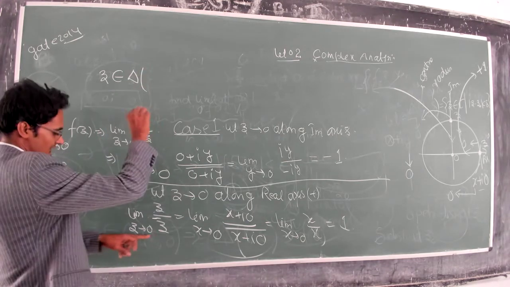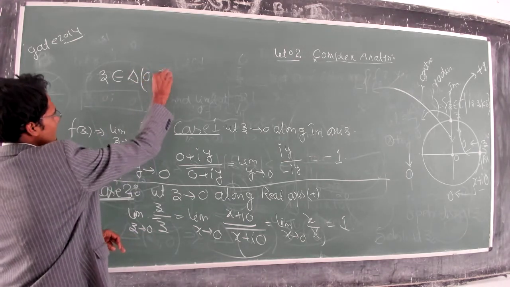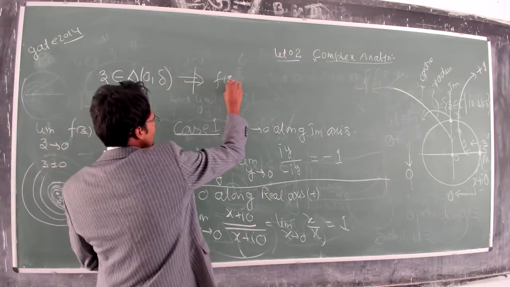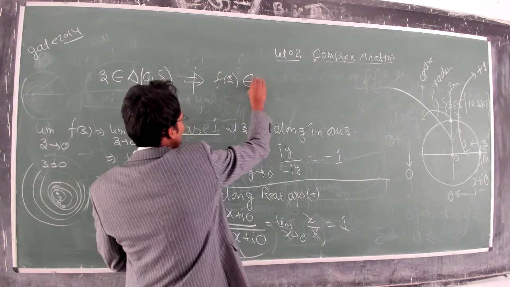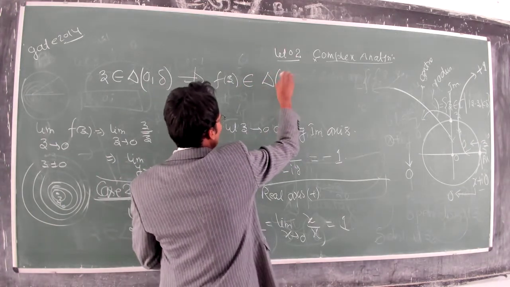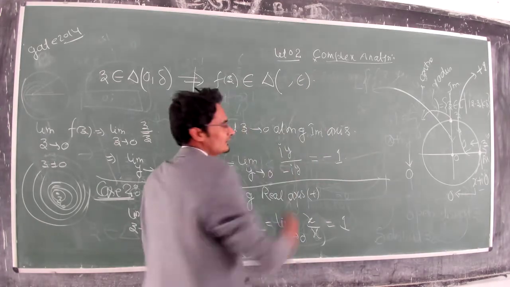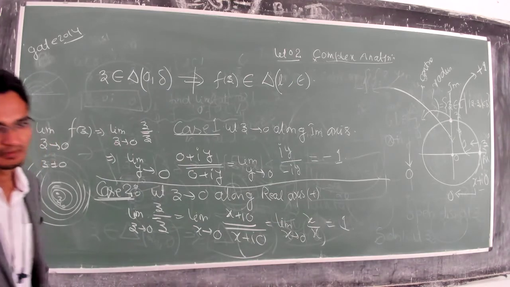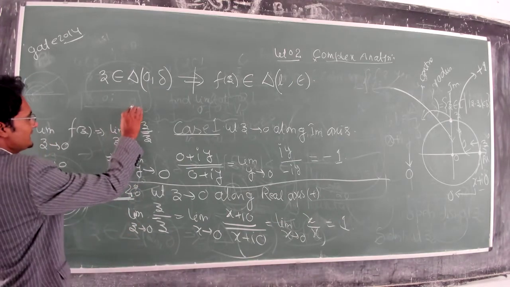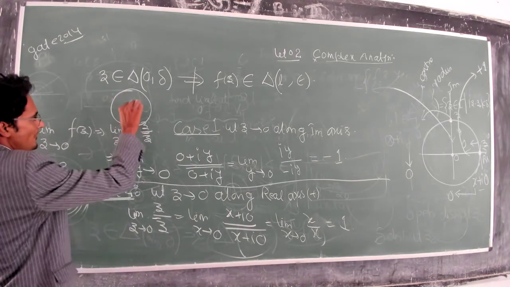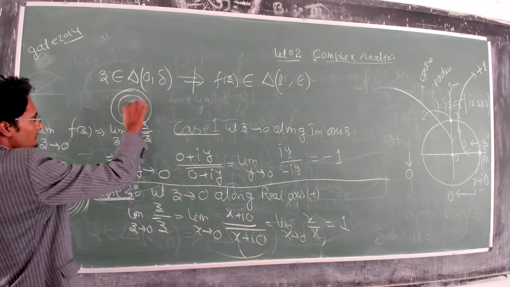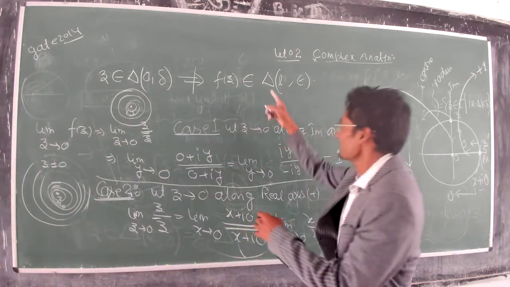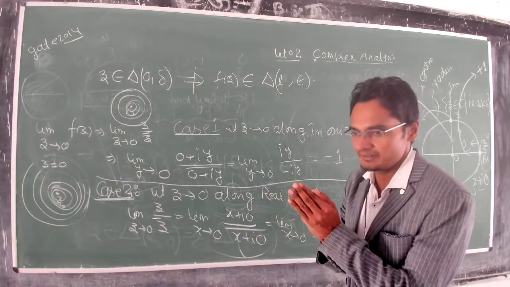So the disk is centered at 0 with radius delta, this implies f of z belongs to a disk of radius epsilon around any particular point L. Whenever you are coming as close to 0 with the help of a circle, the distance of the function is not decreasing.